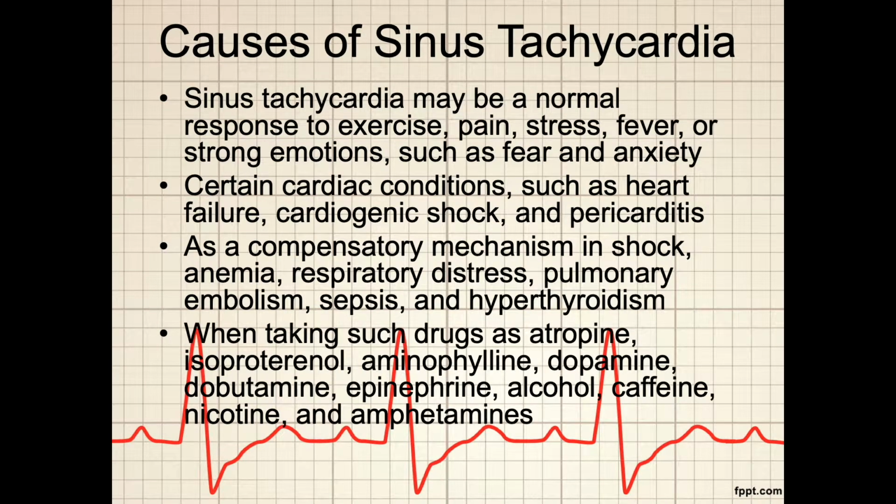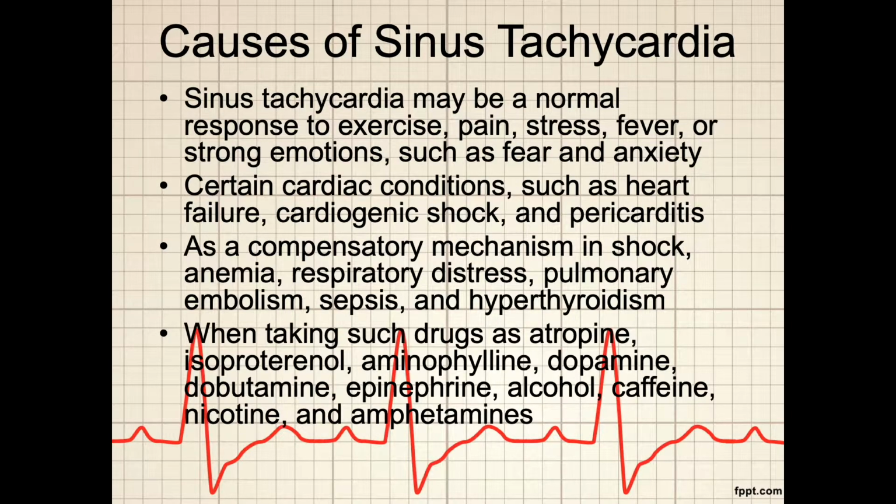The causes of sinus tachycardia may be a normal response to pain, exercise, stress, fever, or strong emotions, such as fear and anxiety. Certain cardiac conditions, such as heart failure, cardiogenic shock, and pericarditis, can also lead to sinus tachycardia.